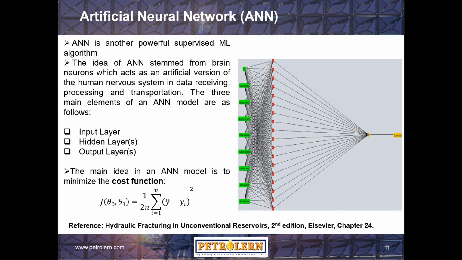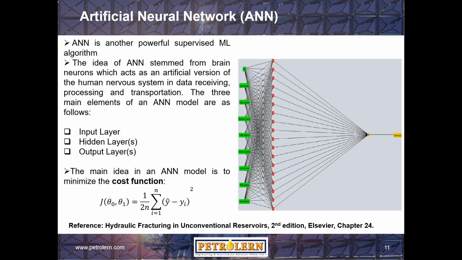So it's actually very simple. Even though if you have heard of ANN, it might sound too complex and too sophisticated, the concept is very simple, and it's really not that difficult once you understand the underlying concept behind it. So just remember, the idea in an ANN model, like many other machine learning models, is to minimize the cost function.